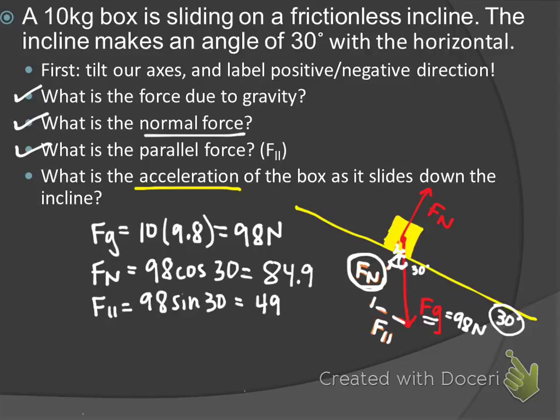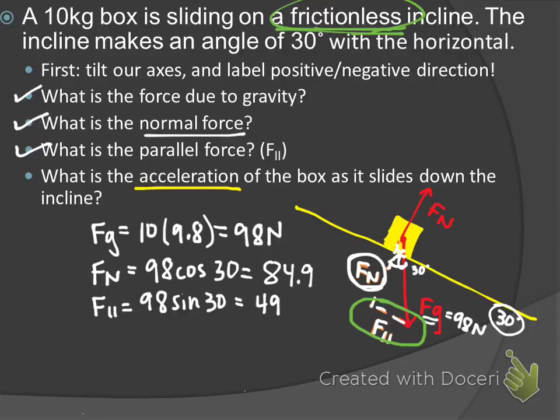So how many horizontal forces do we have? I would say 3 because frictionless. Force applied. Yeah, no friction, so none of that. We don't have a force applied, so just parallel is the only horizontal force acting here.